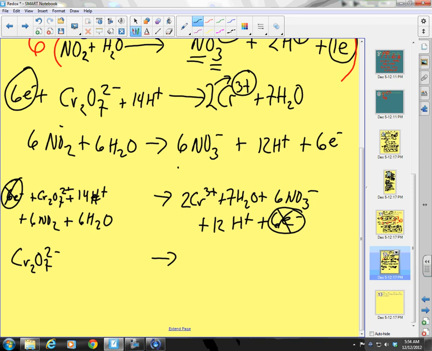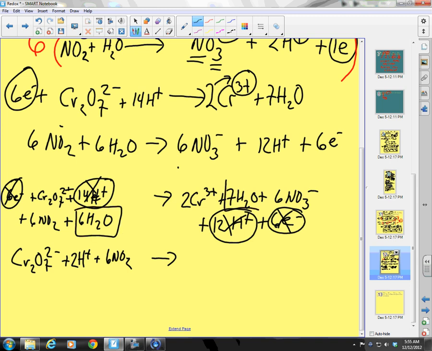I have 14 H pluses here, but I have 12 here. So what's the net? Well, 14 minus 12 equals what? I have 2 H pluses remaining on this side. Good. I have 6 NO2s, and then I have 6 waters here, but I have 7 waters there. That means this guy goes, and I have 1 water on this side, right?